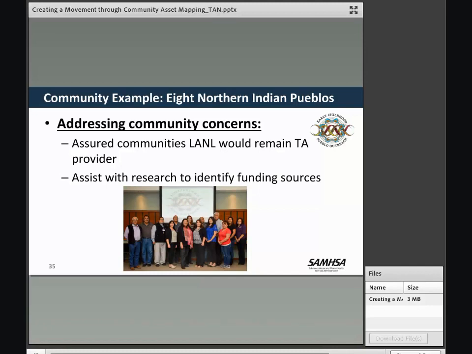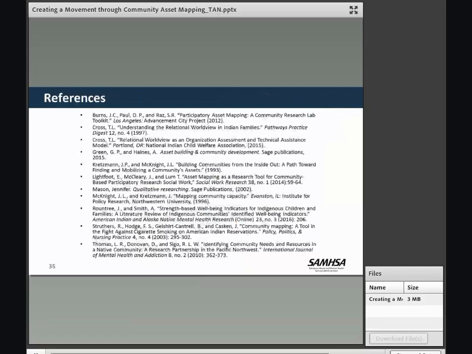They have done their planning and they have finished their community asset mapping, but they're thinking about what they want to do next with that information. They really do have the Llano Foundation as a partner in the future. So that's another thing to think about, the partnerships that are made through community asset mapping.